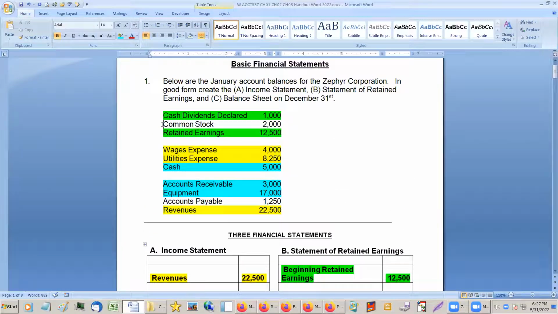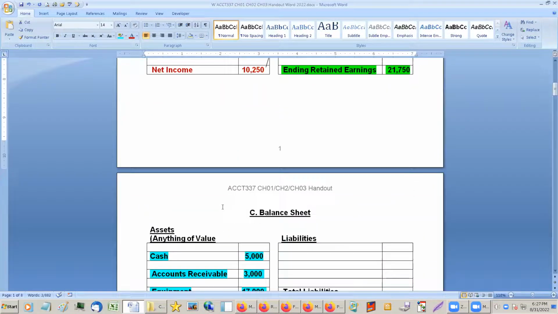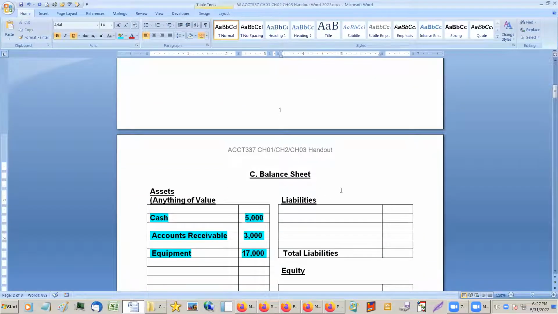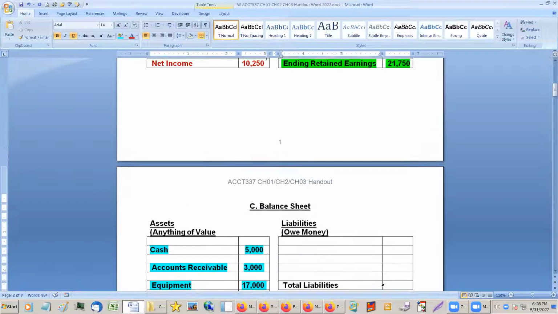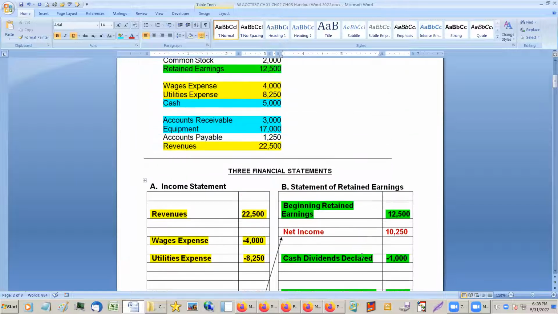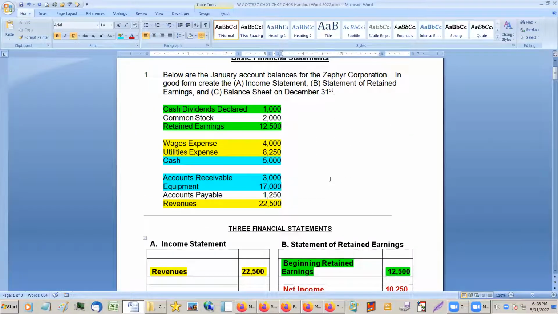Now we have two more accounts that we have to take care of, common stock and accounts payable. Liabilities, this is when you owe. Which of these last two accounts is probably going to be a liability?